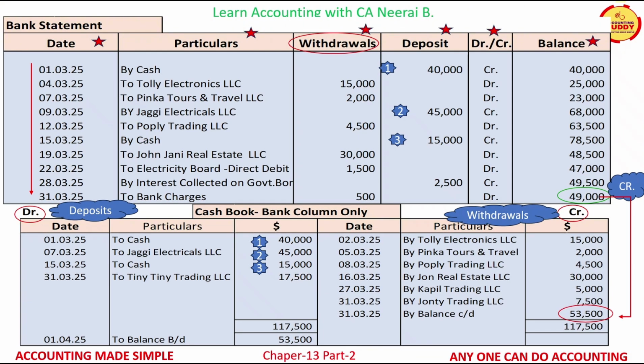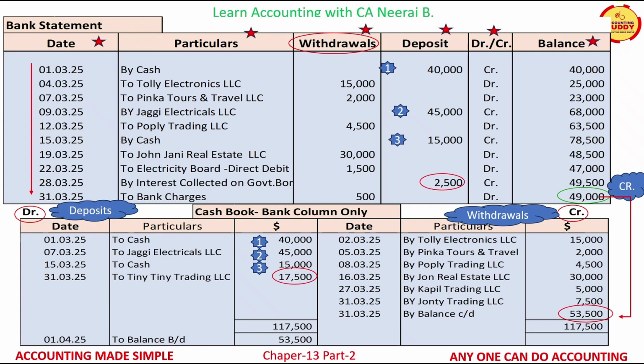Now we are left with a transaction of $17,500 being the payment received from a customer Tinny Tiny Trading LLC is only appearing in the cash book, and a transaction of $2,500 for interest collected by the bank on the government bonds is only appearing in the deposit side of the bank statement.